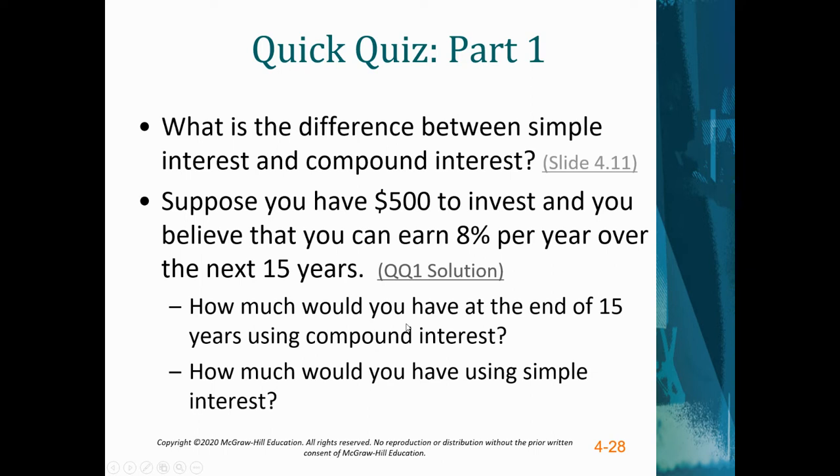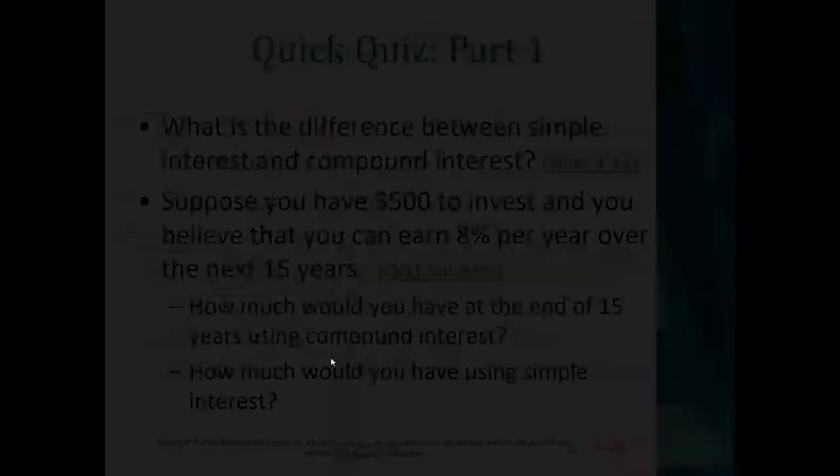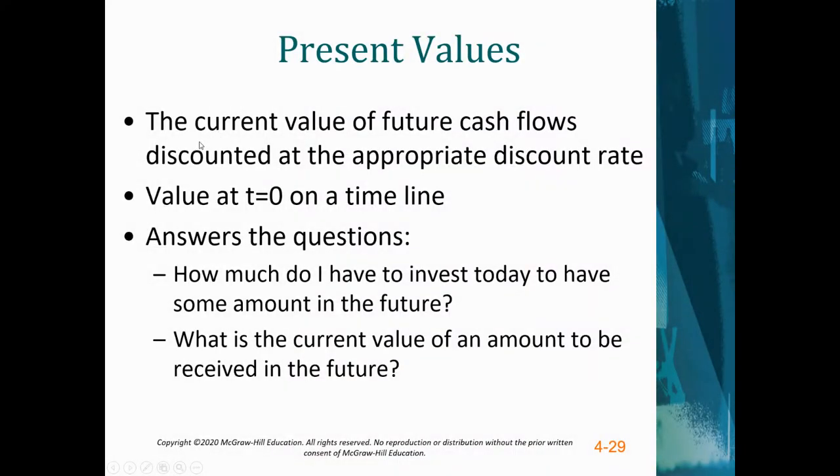How much would I have at the end of 15 years using compound interest, and how much would I have using simple interest? Now, if I'm doing simple interest, I just multiply 0.08 times 500. And that's what I get every year for 15 years. I don't get any interest on interest, but with compound interest, I do.